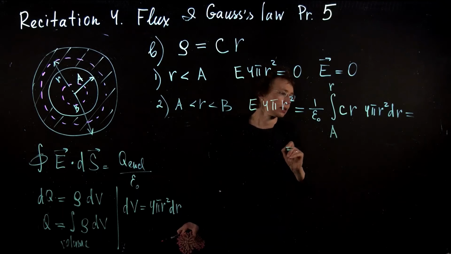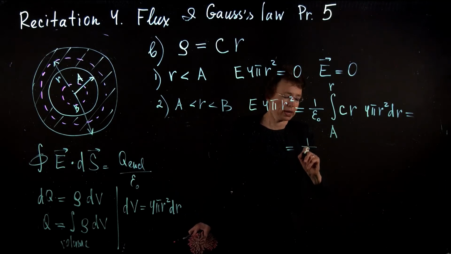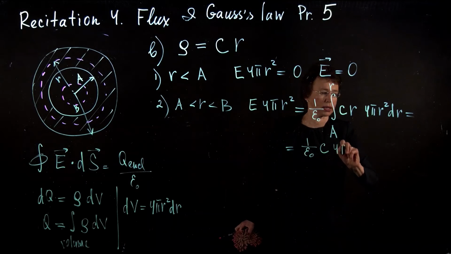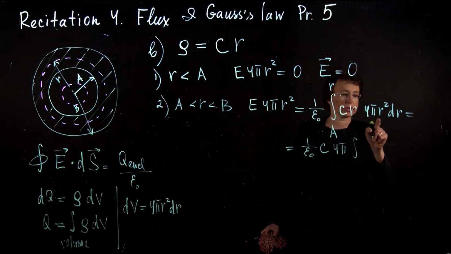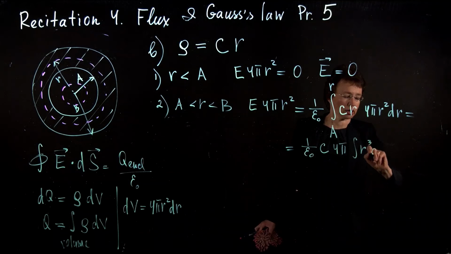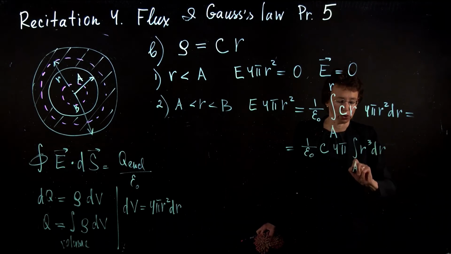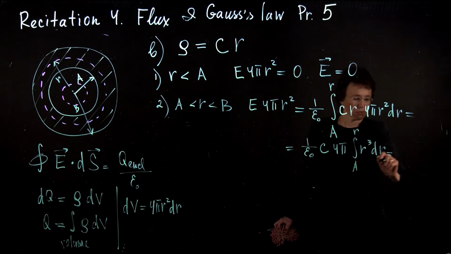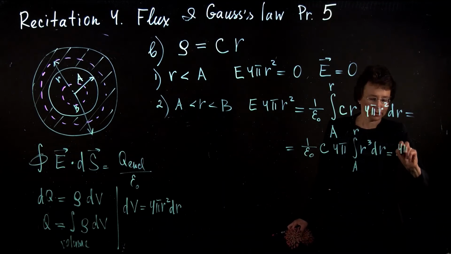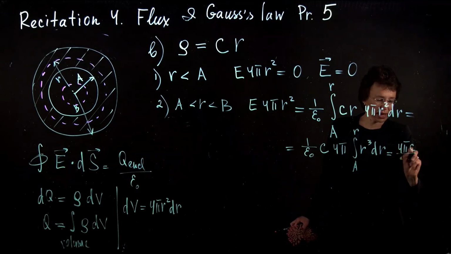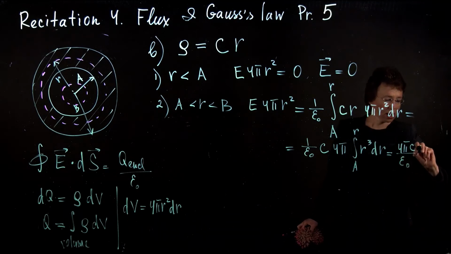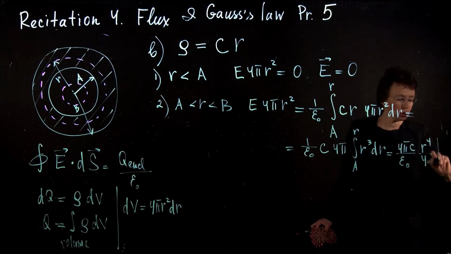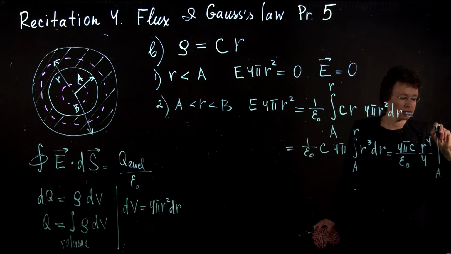Let's take this integral. I have 1 over epsilon naught. C is constant, 4 pi is constant. So all that is left is r cubed dr from A to r. And then I have 4 pi C over epsilon naught, r to the 4th over 4 from A to r.